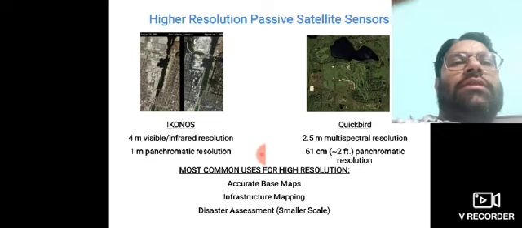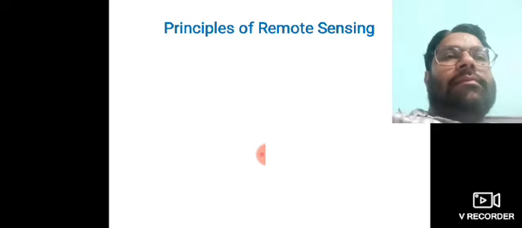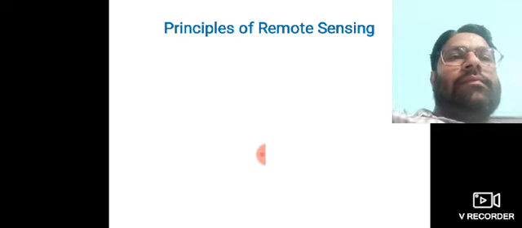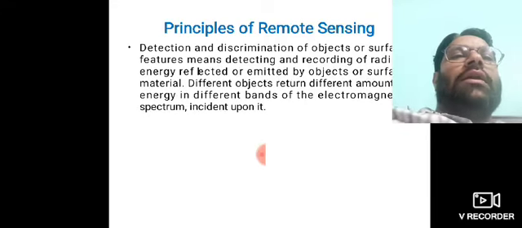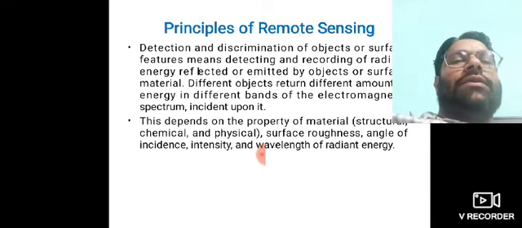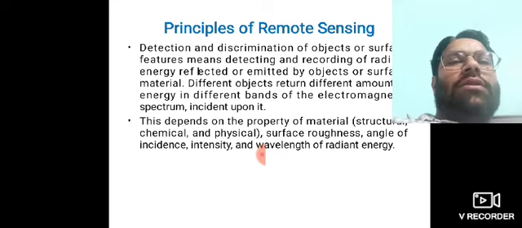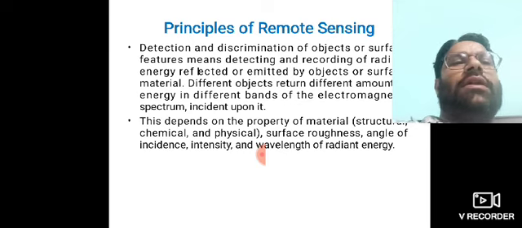Principle of remote sensing. Detection and discrimination of objects or surface features means detecting and recording the radiated energy reflected or emitted by the objects or surface material. Different objects return different amounts of energy in different bands of the electromagnetic spectrum incident upon it.